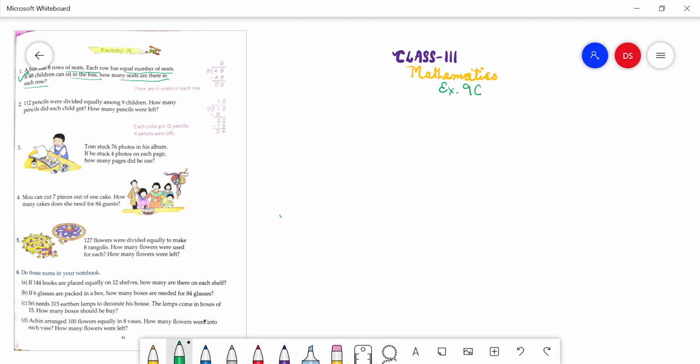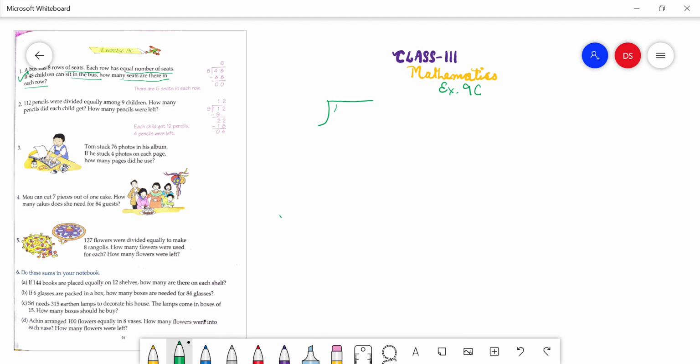Children, in the question it is asked how many seats are there in each row. The total number of rows is 8 and the children sitting in the bus are 48. Here we have to tell how many seats are there in each row. So to find the number of seats in each row, we will divide 48, meaning the total number of children, by the number of rows of seats.